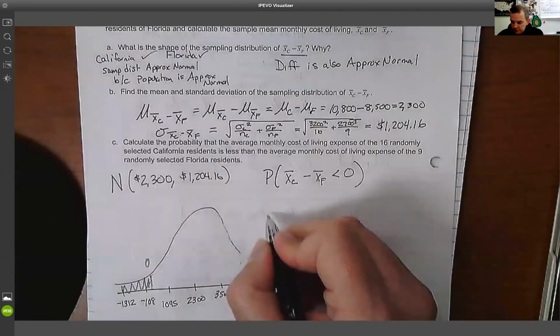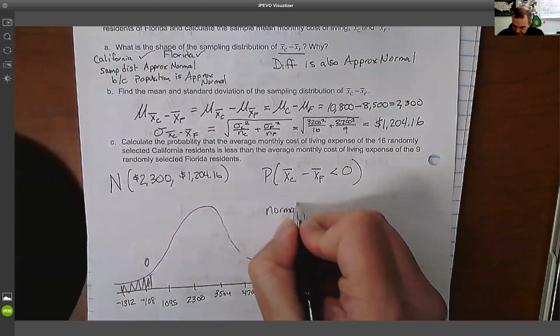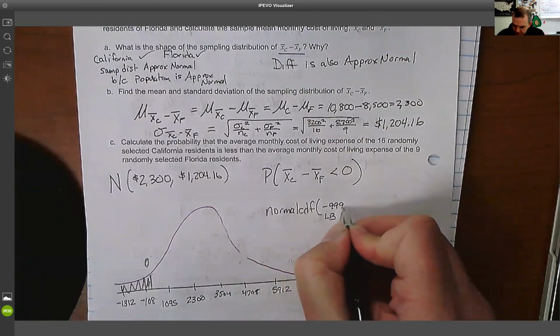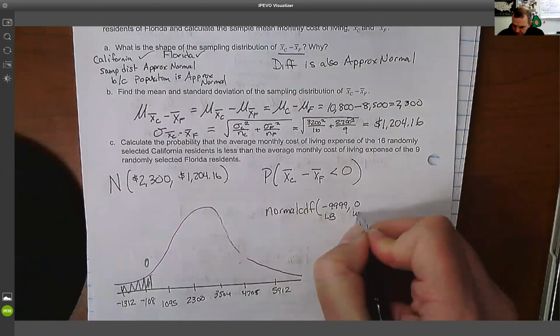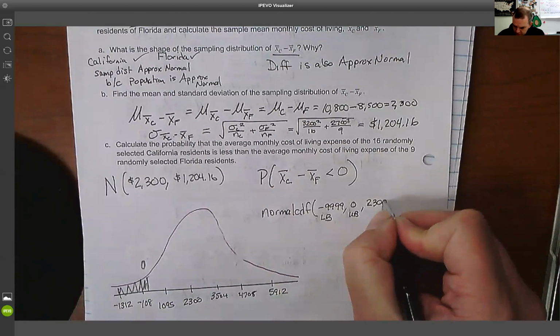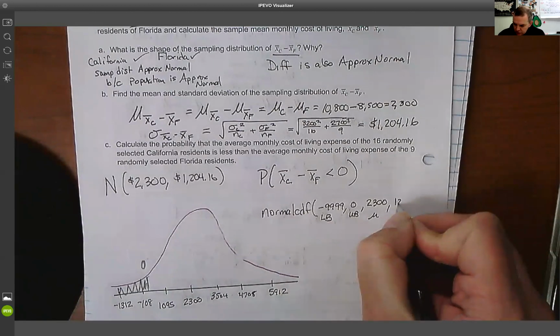So again, I'm going to do normal CDF. My lower bound is going to be negative lots of 9s. My upper bound is 0. My mean is 2300. My standard deviation is 1204.16.